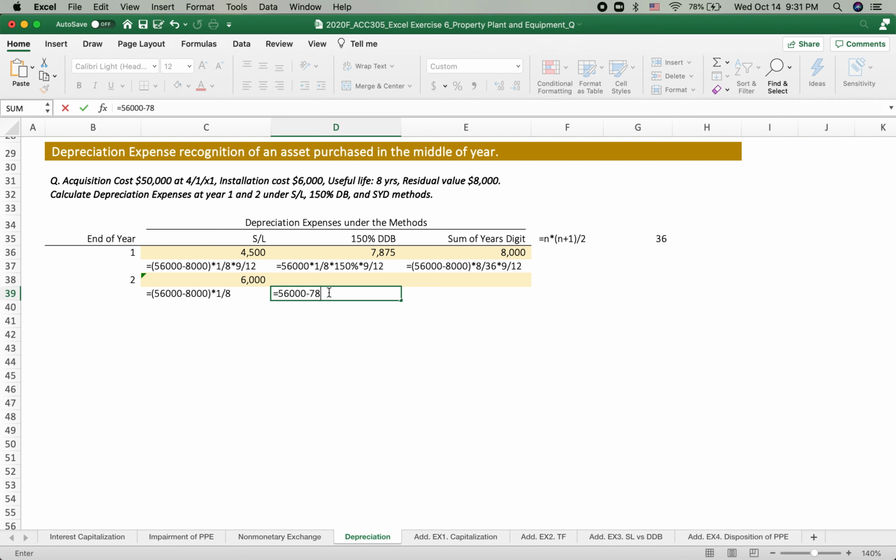So we have previously calculated 7,875. That is the new depreciable cost, which is the book value of this asset. Okay, so we calculated this times 1 divided by 8 years. Now 150%.